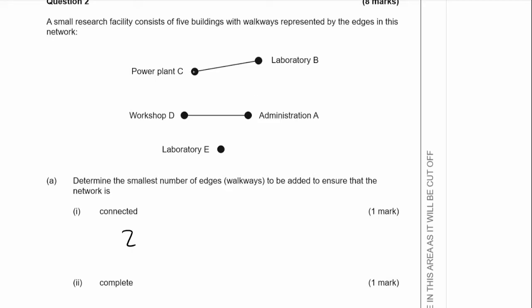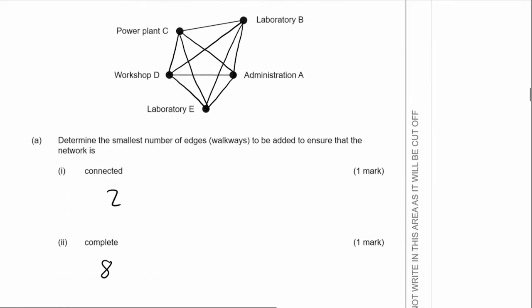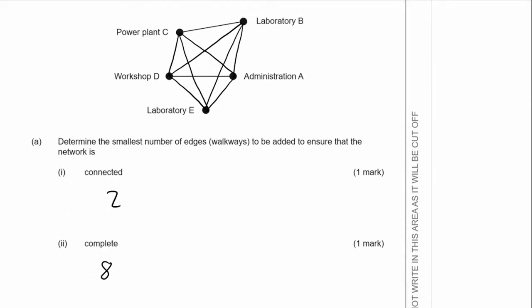So we've got 2, so that's an extra 1, 2, 3, 4, 5, 6, 7, 8. So we need an extra 8 edges to make that complete, because now every vertex is connected or is adjacent to every other vertex. It's got a direct connection between them.